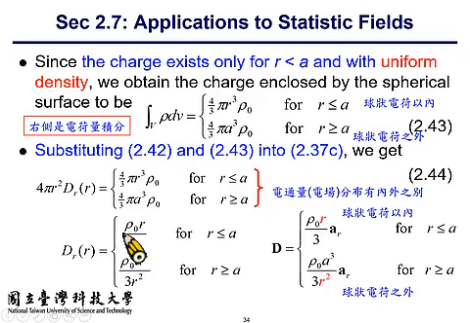Now there is a difference about the observation point, because if the observation point is smaller than the spherical charge distribution, then the electrical charge that needs to be accounted for is less.